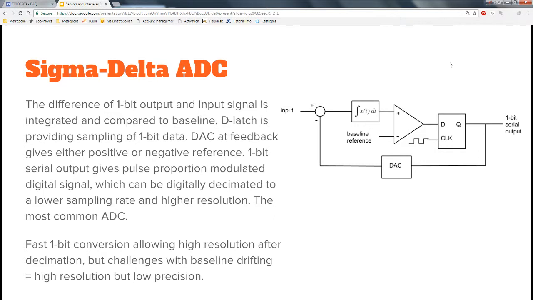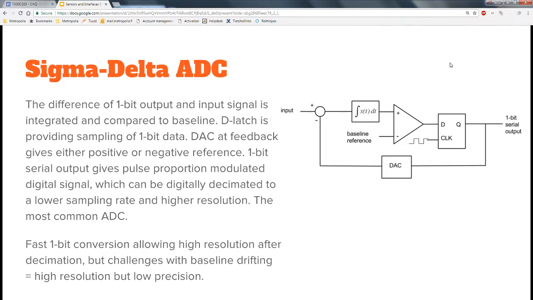So fundamentally, the 1-bit serial output is a pulse proportion modulated digital signal. So pulse PPM modulation. That's supposed to be in some of the courses on networking. Anyhow, then this is decimation.